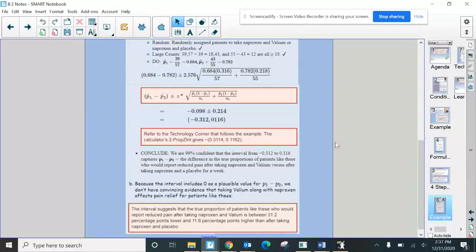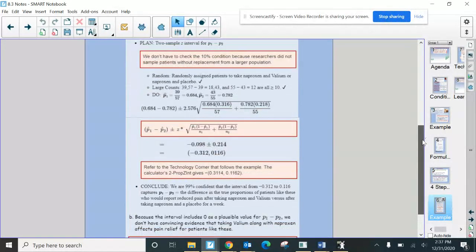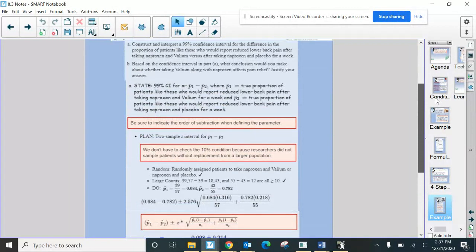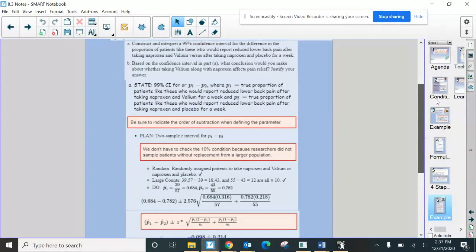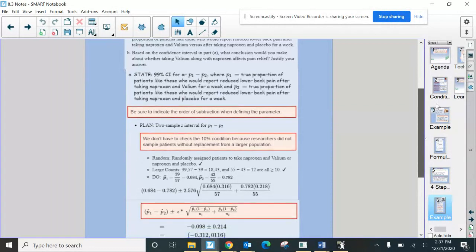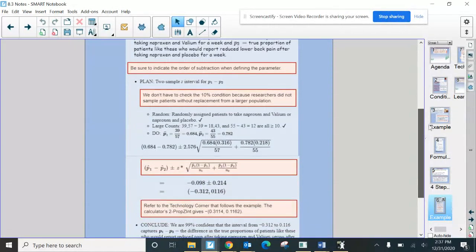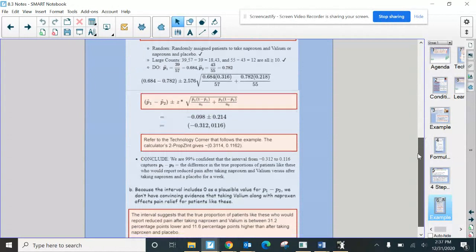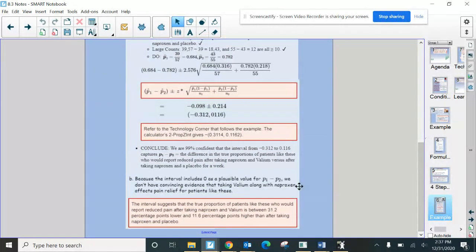And then in part B, based on the confidence interval, what conclusion can you make about taking the Valium along with naproxen? Because 0 is in our interval, it is possible that there is no difference. So because it's plausible, we don't have convincing evidence that taking Valium along with naproxen affects pain relief, because if 0 is part of it, there could be no difference.